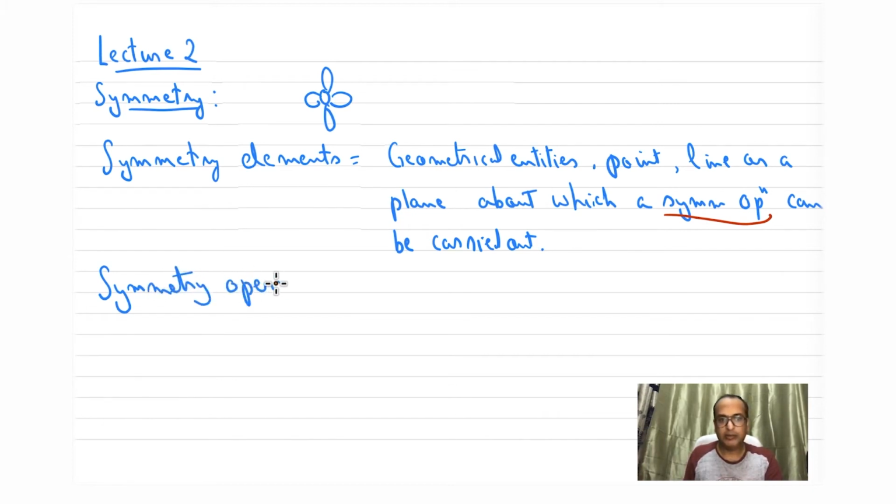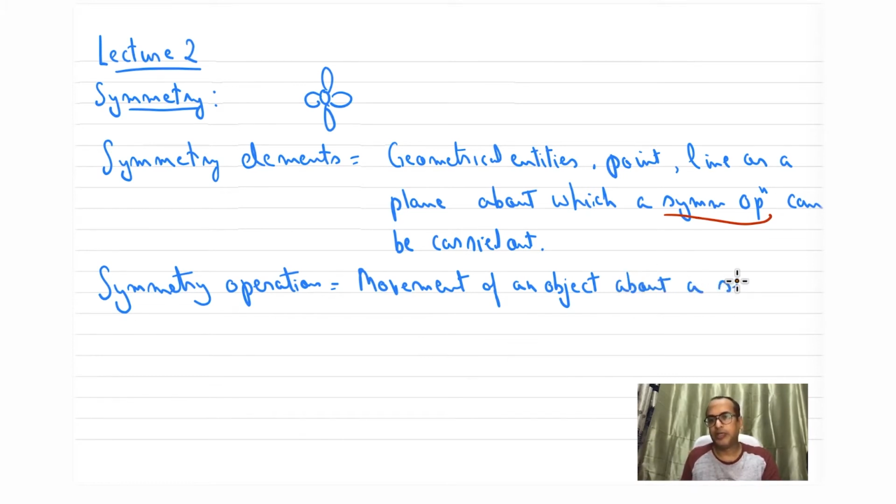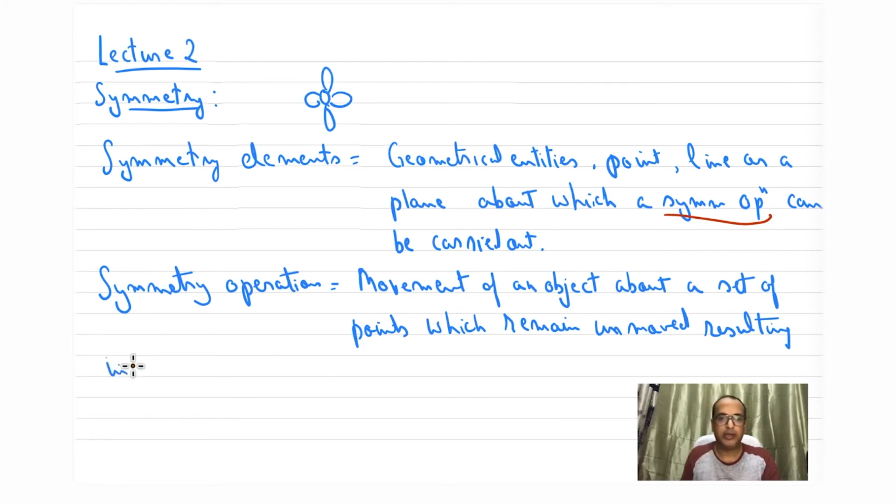symmetry operation. So symmetry operation is movement of an object, in this case a molecule, about a set of points which remain unmoved, resulting in an equivalent configuration of the object.